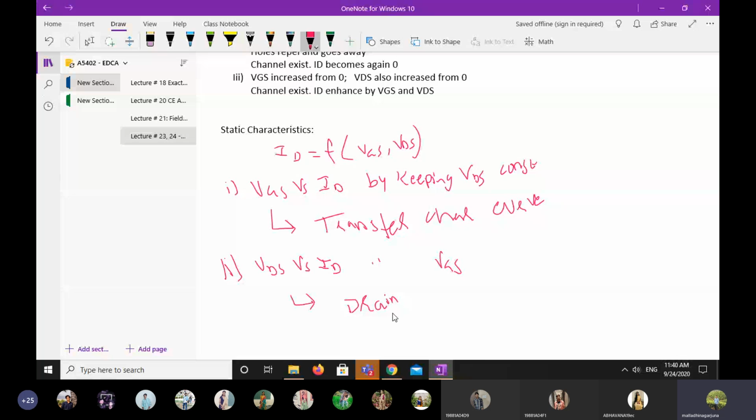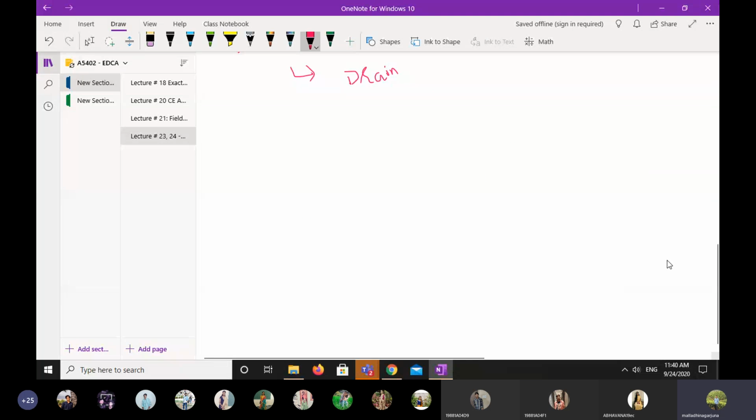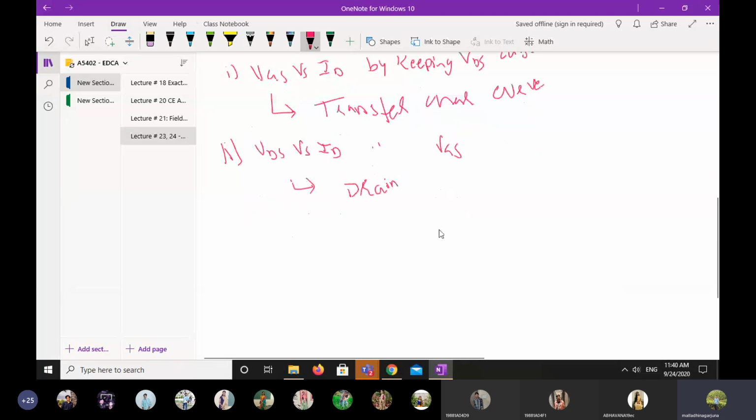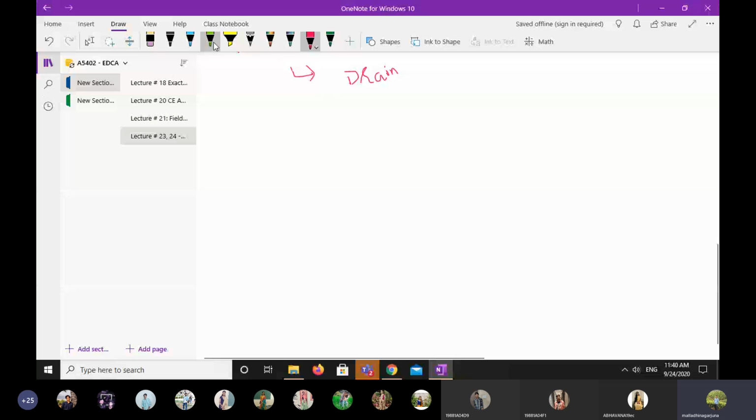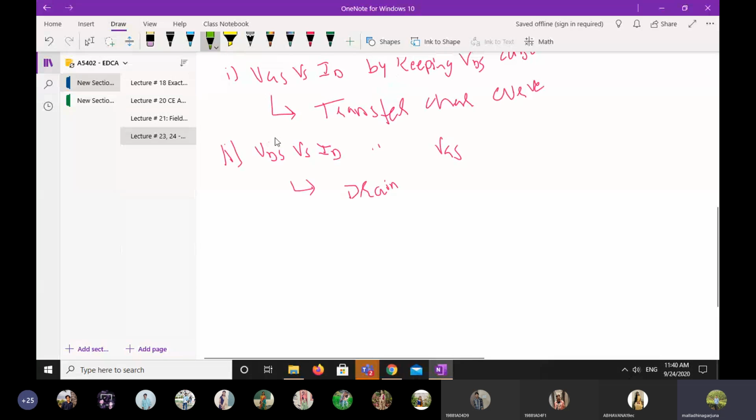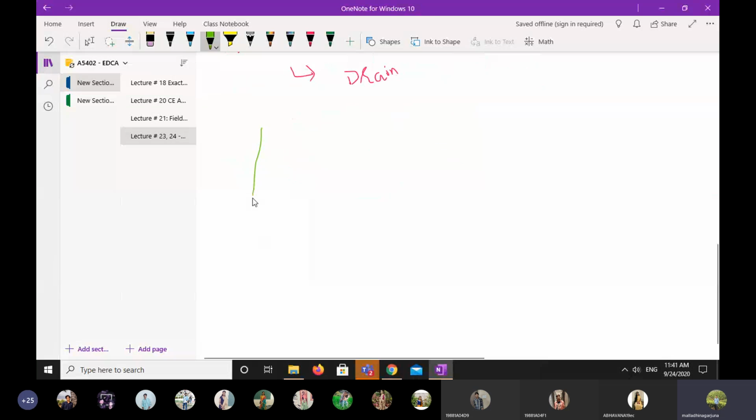Okay, so now let me draw. Here, for the first characteristic, is VGS positive or negative? Positive. Positive means both are positive, so it comes in the first quadrant.